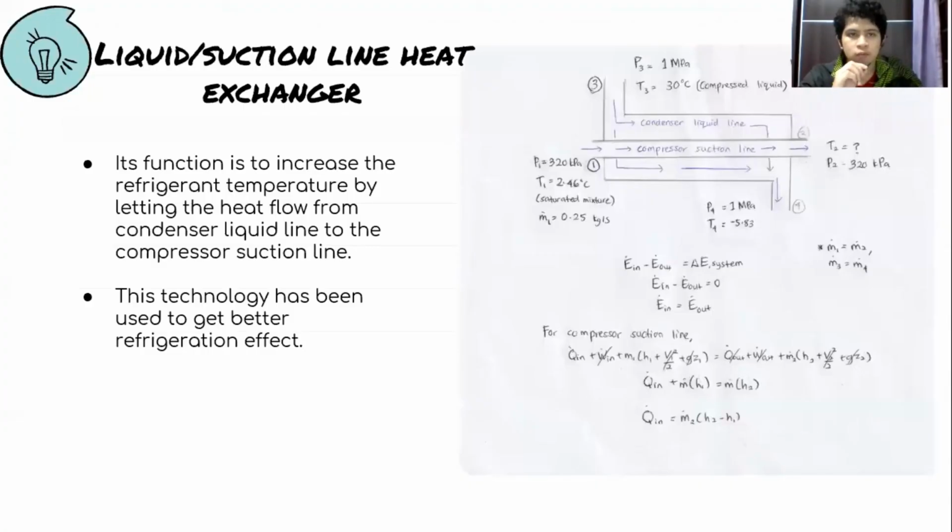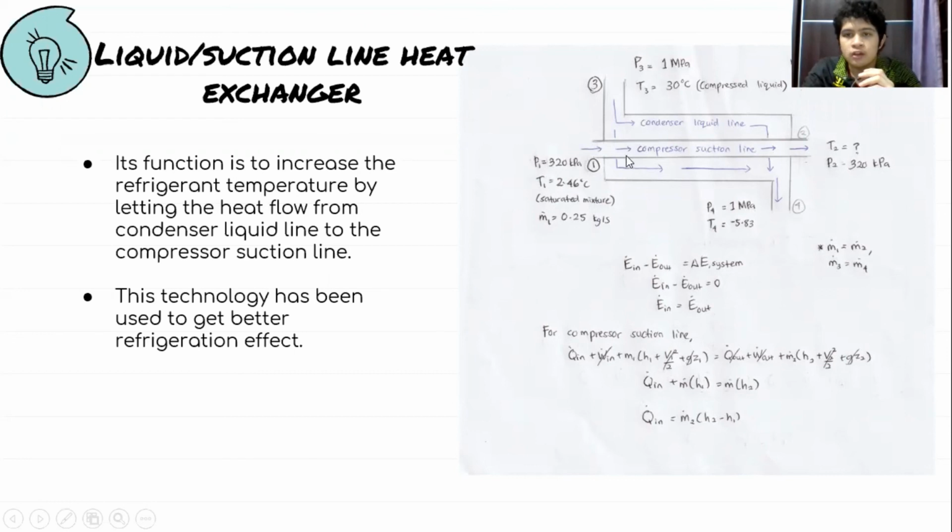Okay, I will present the liquid suction line heat exchanger. The function is to increase the refrigerant temperature by letting heat flow from the condenser line to the compressor suction line. This technology has been used to get a better refrigeration effect. The condenser line inlet is from the condenser and the compressor suction line is from the evaporator.